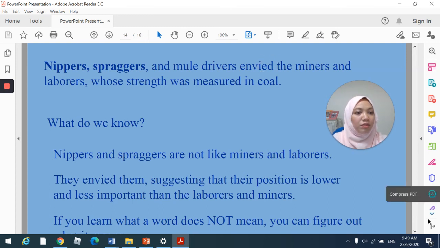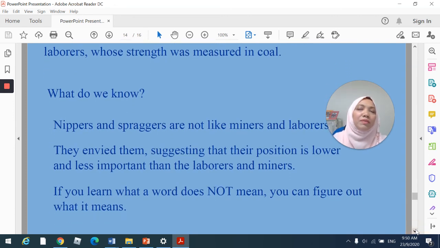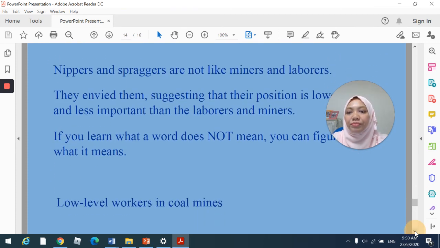So if you learn what a word does not mean, you can also figure out the meaning of it. So these are all clues. Sometimes it won't give you the accurate meaning of the word, but you get the sense of it, whether it is indicating something positive or negative.